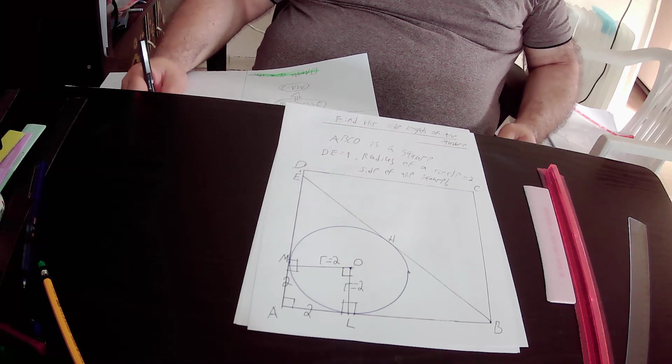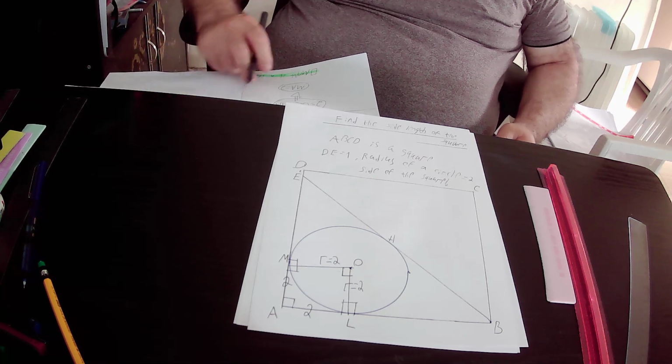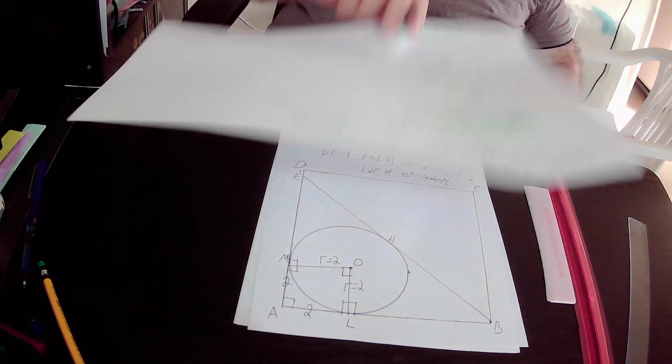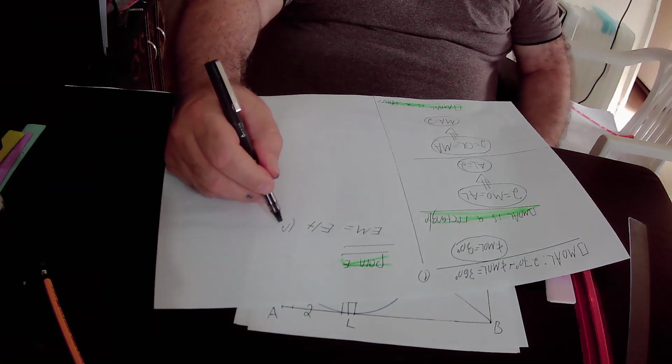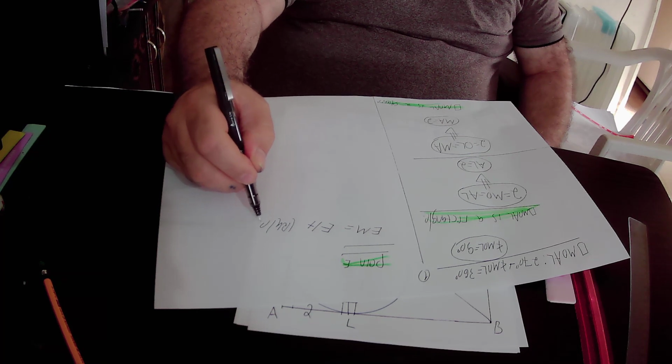And according to rule number 2, the lengths of those two tangents are equal to each other. This is to say EM equals EH according to rule number 2.